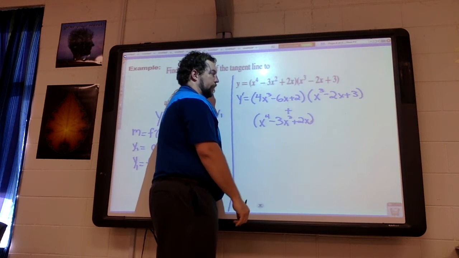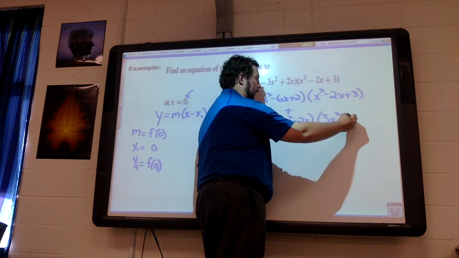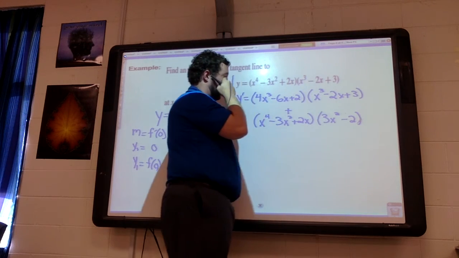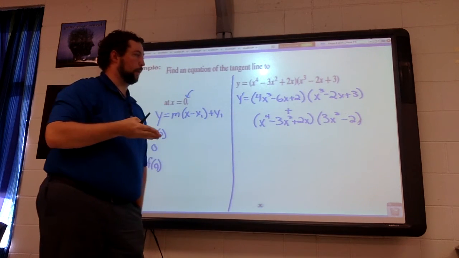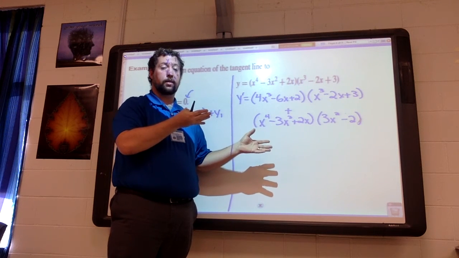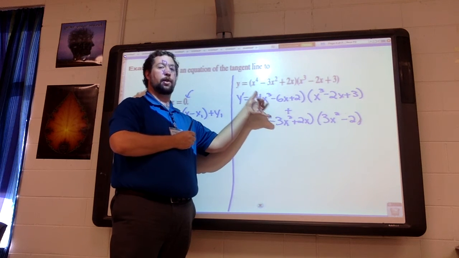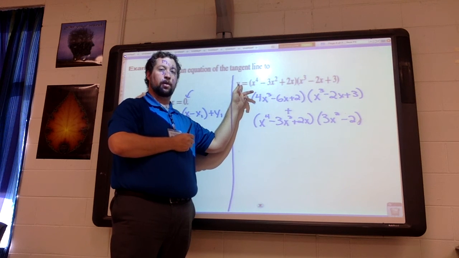And then take the derivative of the second part, which in this case is 3x squared minus 2. Okay, and normally you would write this all on one line. I don't have enough space, so that's why I wrote it in two different lines here. All right, so this is the derivative function of this original function.